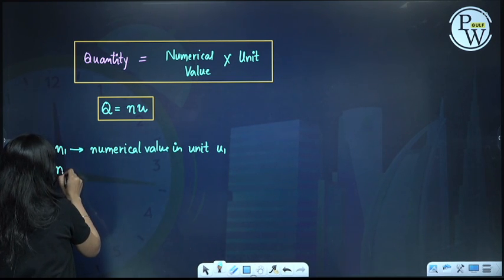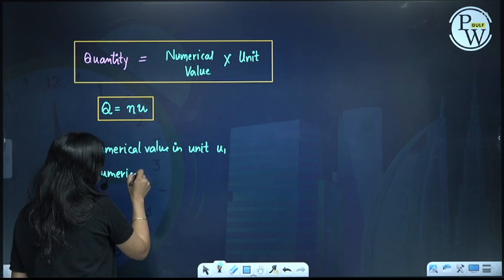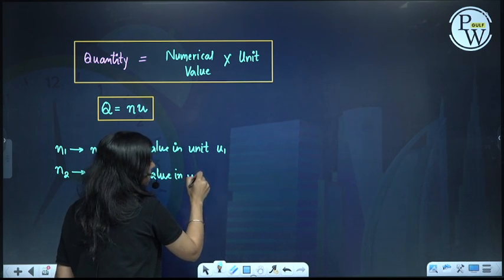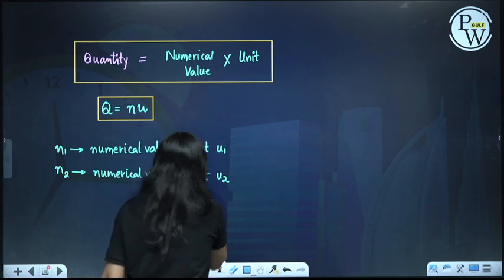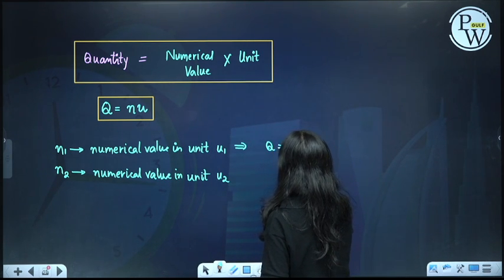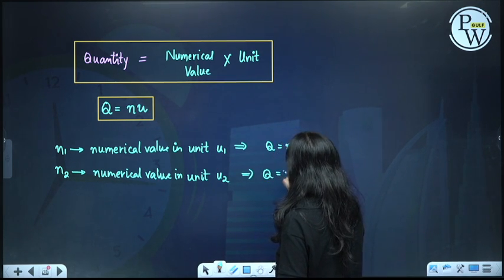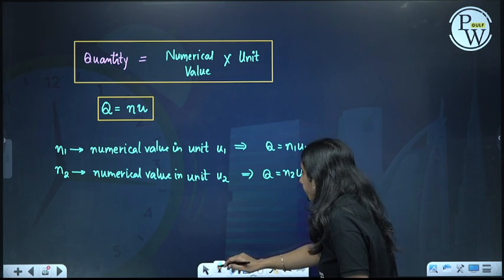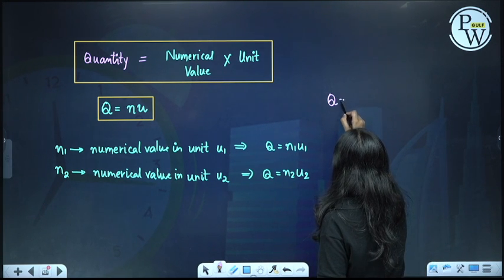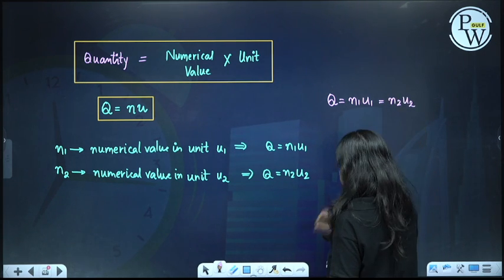N1 is the numerical value in unit U1 and N2 is the numerical value in unit U2. Then I can write my quantity Q equal to N1 times U1, and also Q equal to N2 times U2. Because these are measurements of the same quantity, Q must remain the same. So N1U1 must be equal to N2U2.